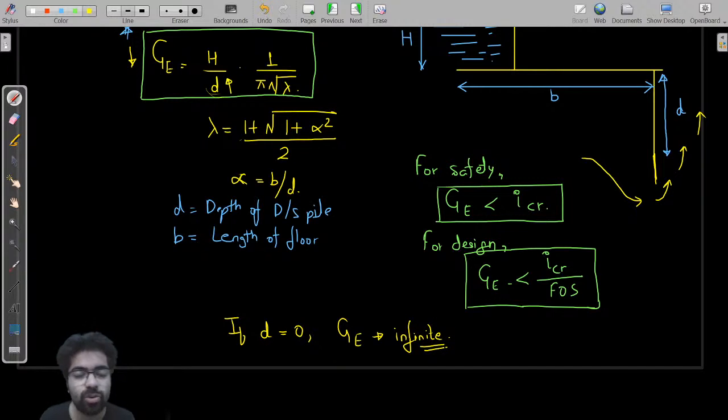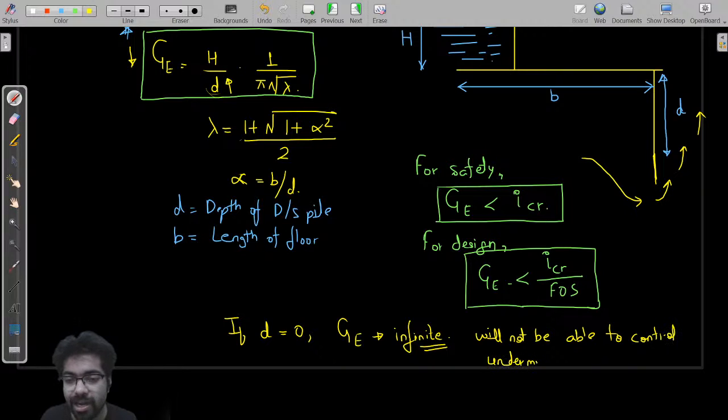No matter what you do, you will not be able to control undermining. Undermining or piping failure will definitely happen. Soil will start coming out from here no matter what you do, and a tunnel will start forming. That's why we want this exit gradient to be less. So obviously we have to provide downstream pile at any cost.